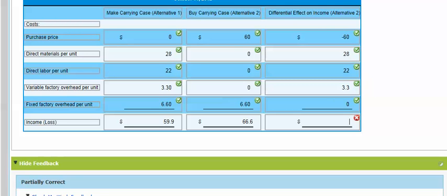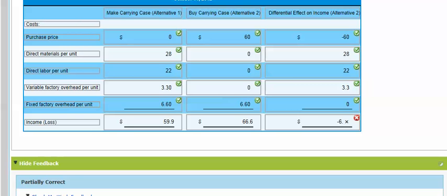And the difference between the two looks like 66.6 minus 59.9, or a decrease of 6.7.